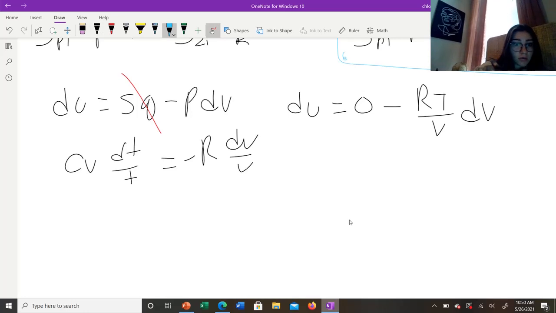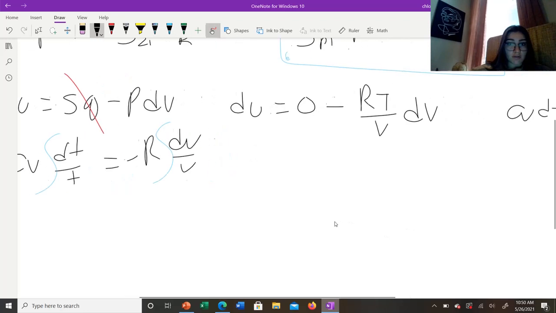And from here, we're going to take the integral of both of these, and we're going to do some really fancy algebra.